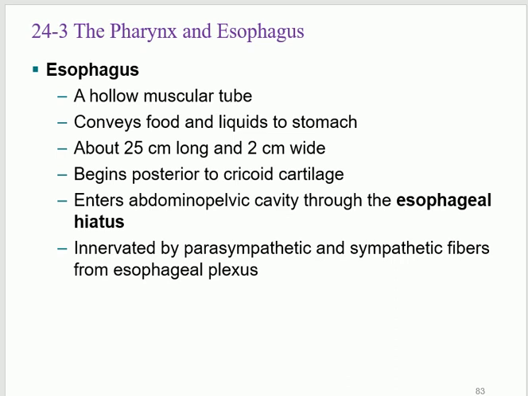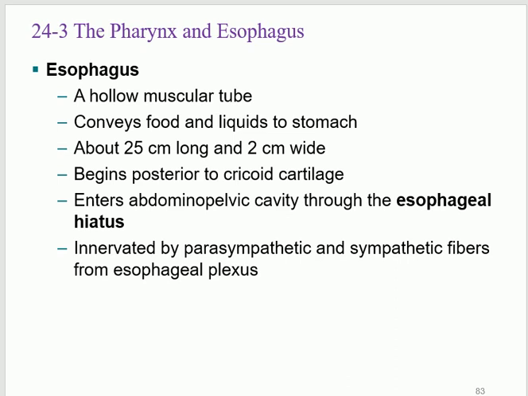What's the other name for the lower esophageal sphincter? Somebody has to tell me. We talked about that in the lab. What is the other name for the lower esophageal sphincter? What's after the esophagus?